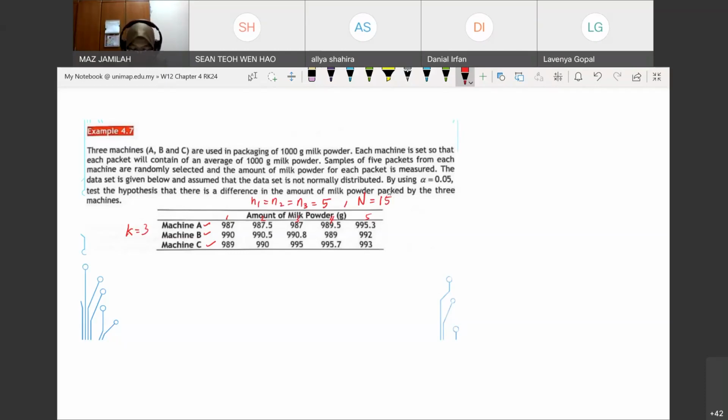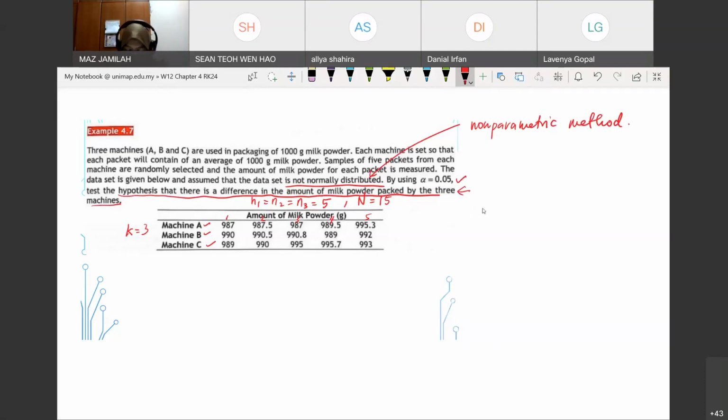At least you will be given this hint, which means you know that this is an indicator of a non-parametric method. By using alpha 0.05, test the hypothesis that there is a difference. So this is your claim: there is a difference in the amount of milk powder packed by the 3 machines. So this is your hint for your conclusion as well.